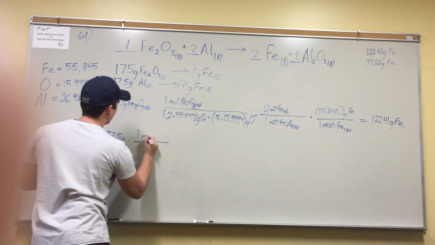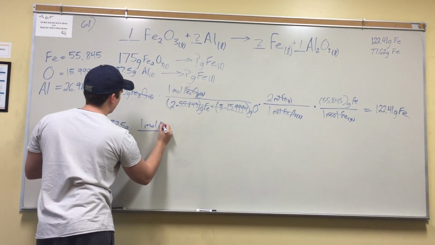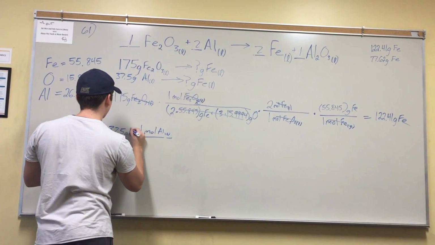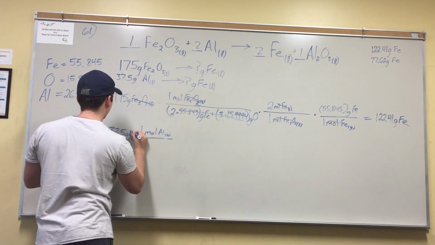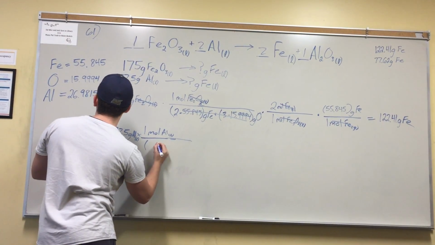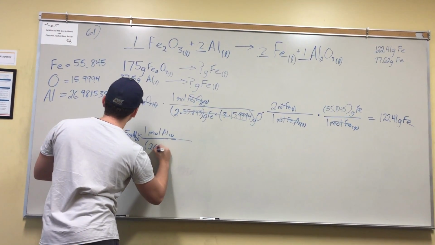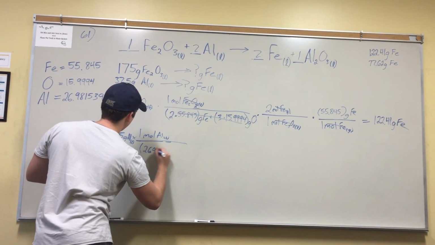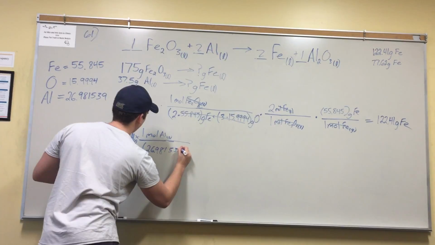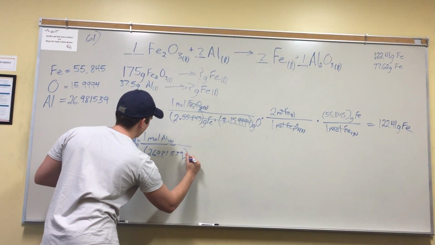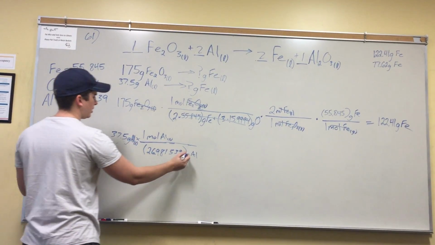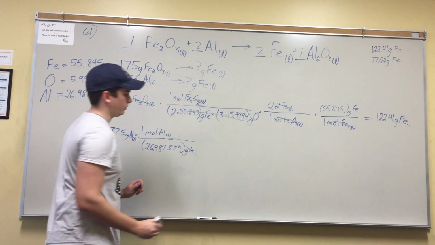It's going to be 1 mole of aluminum over the atomic weight of aluminum, which is 26.981539. Now this, with grams canceling out of aluminum, it'll leave it with moles of aluminum.